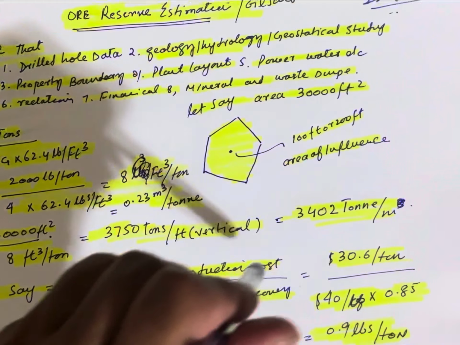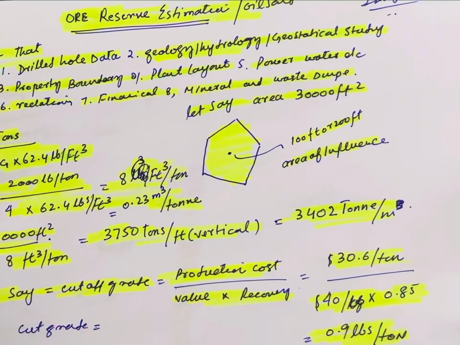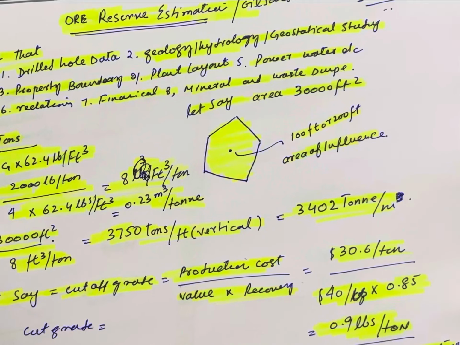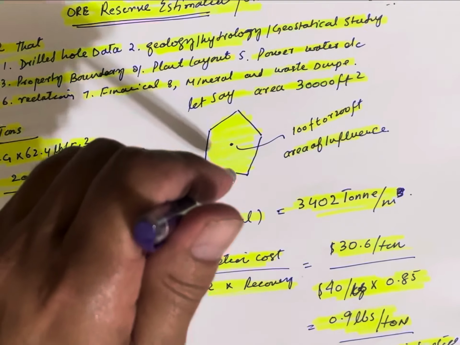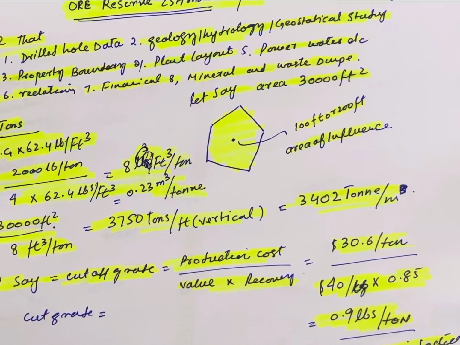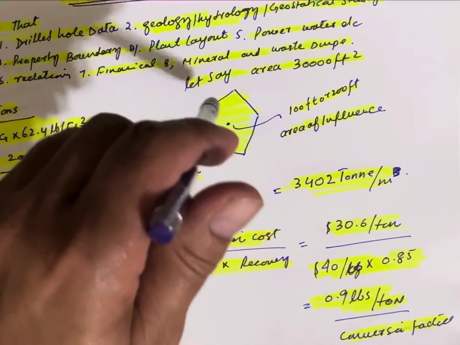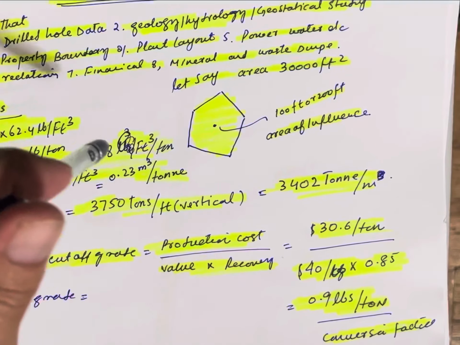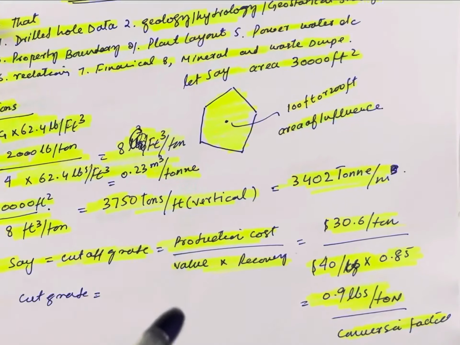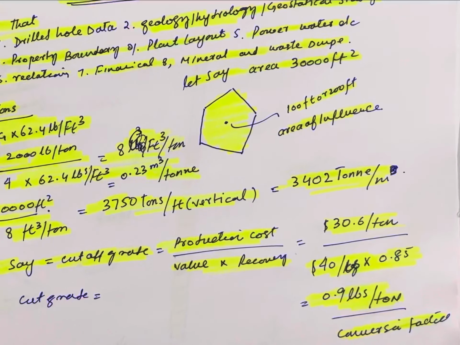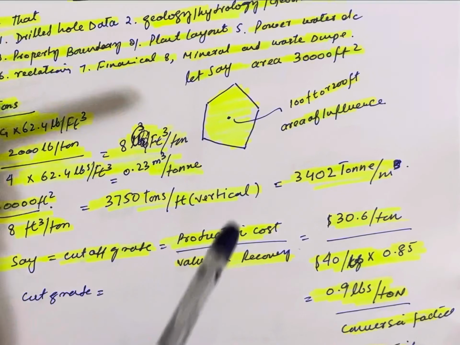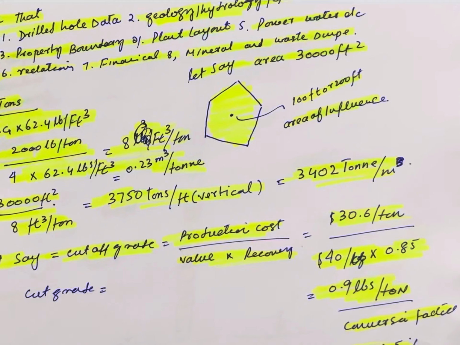And then we calculate the tonnage, the whole tonnage, waste tonnage, and our ore tonnage, and the grade of the block around the hole. And also we calculate hydrological study from the hole, geotechnical study, geostatistical analysis, and geology detection.